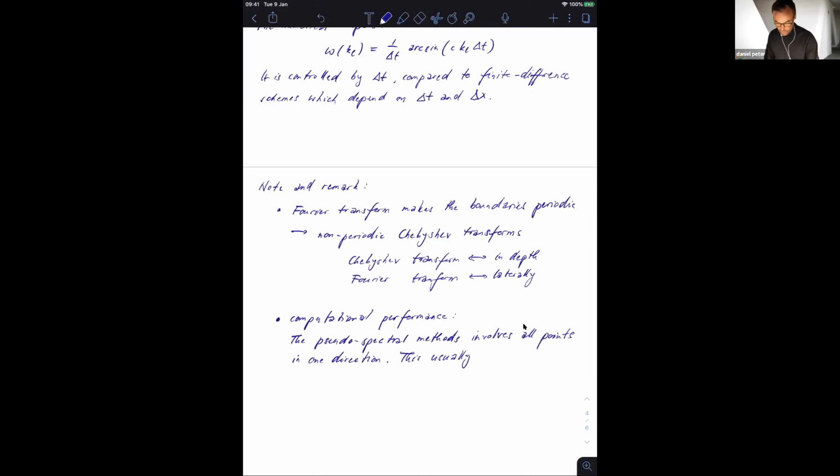And so this usually is a bottleneck for parallel computations, especially when you go to 3D applications, large-scale applications.